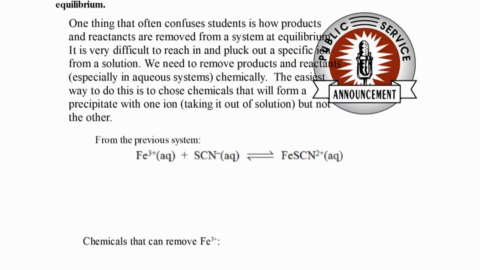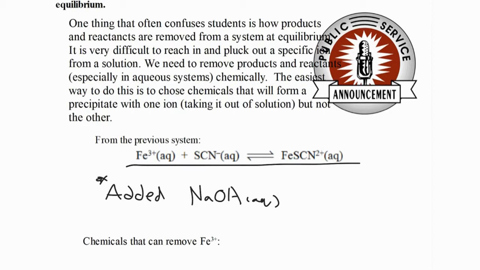Now, the one thing to note is how we actually remove things. And that's often the most confusing for students. Because if I were to say that I added sodium hydroxide, a common response for students is that it's going to have no change on this equilibrium system because nothing is there.